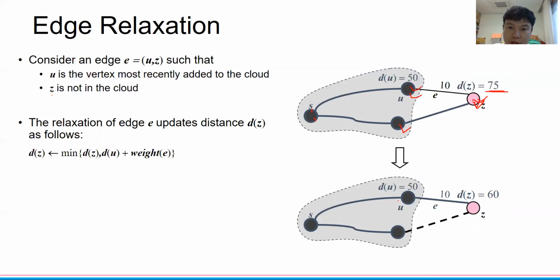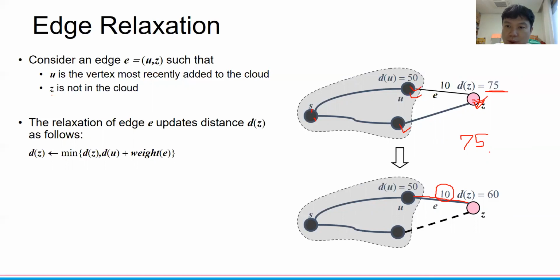But after we check, we want to know whether 75, which is the original value of d(z), will be compared with d(u) plus the weight of the edge between u and z.